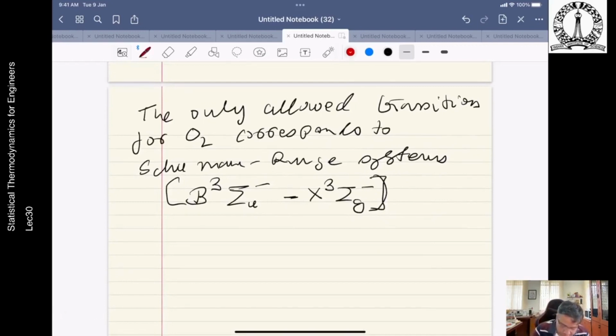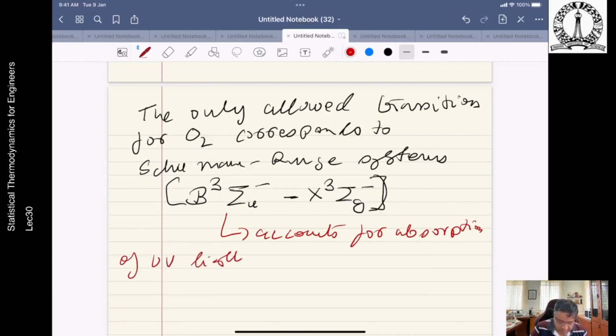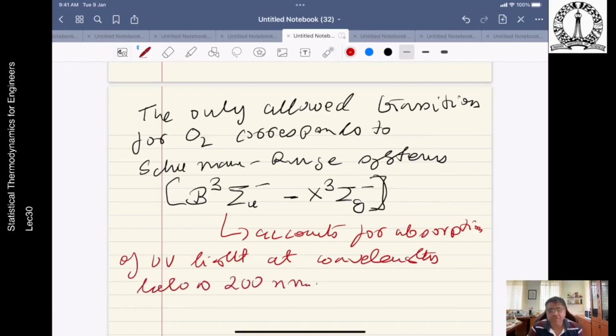Basically, what does it do? It accounts for absorption of UV light at wavelengths below 200 nanometer in the Earth's atmosphere.